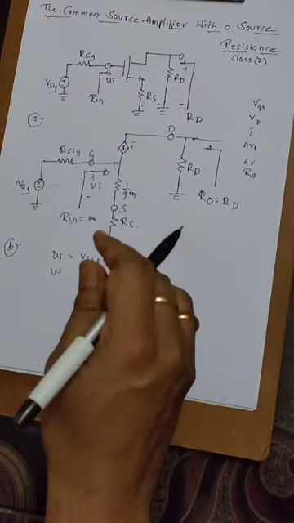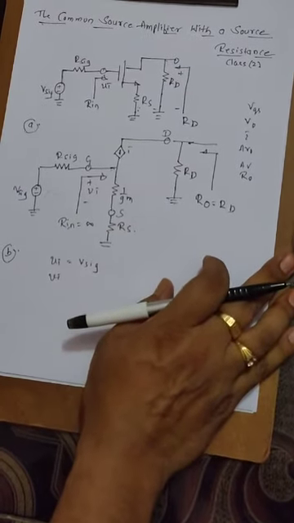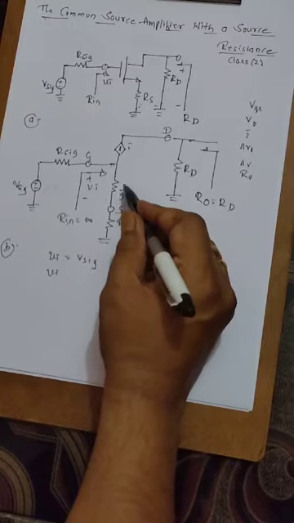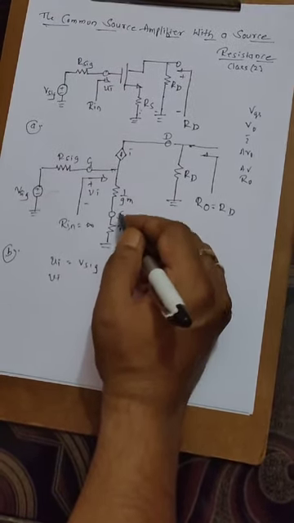Hence, it can be determined from the voltage divider composed of the resistances 1 by Gm and Rs at the amplifier input, as follows.